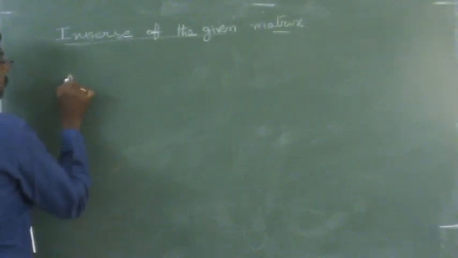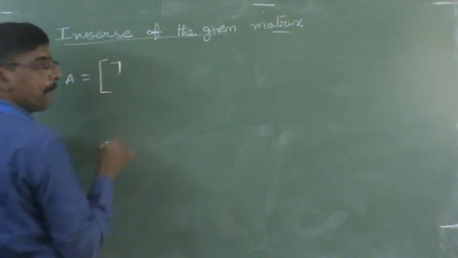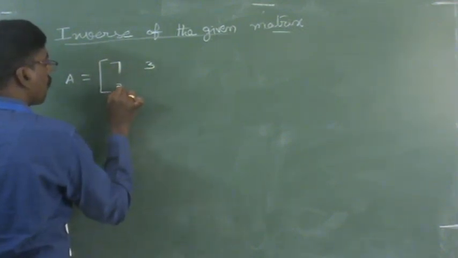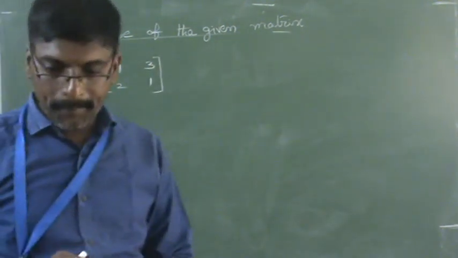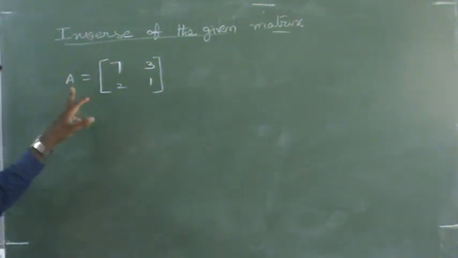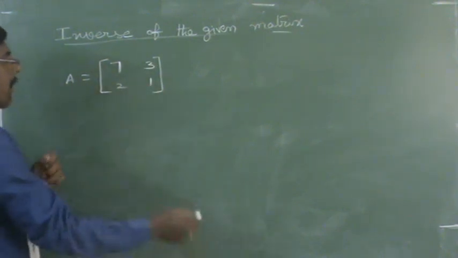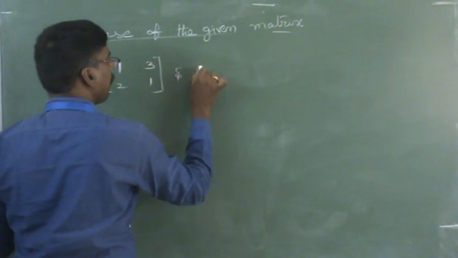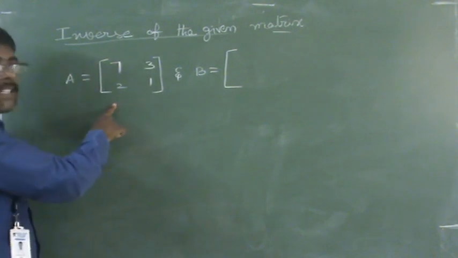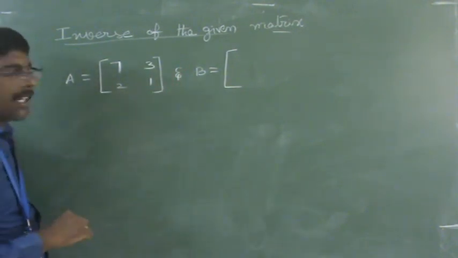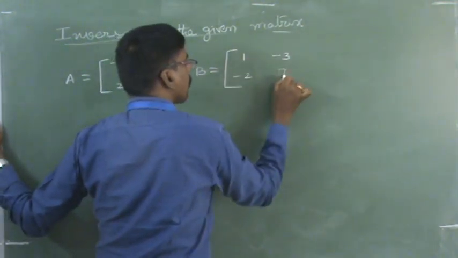Suppose matrix A is 7, 3, 2, 1. This is matrix A. Take matrix B as 1, minus 3, minus 2, 7.